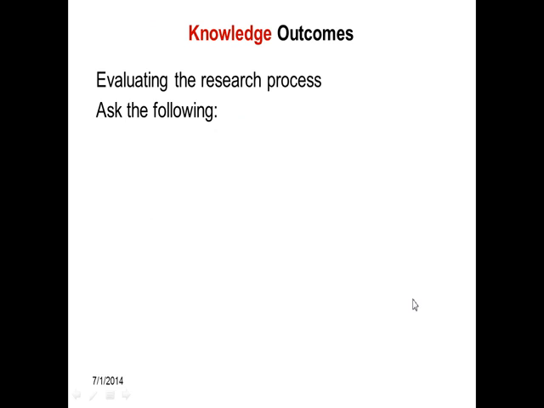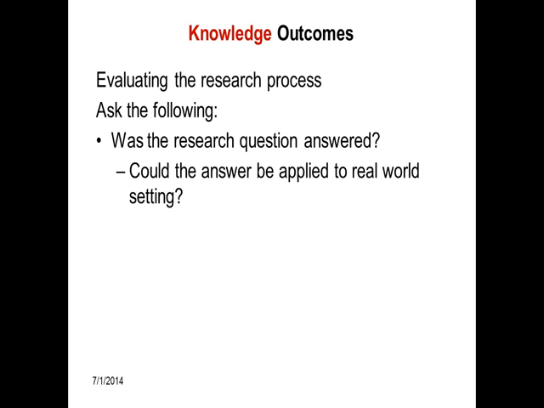And then last, the knowledge outcomes. This is where you evaluate both the sources, but also what we learned through this research process. You would ask, was my question answered or not? And if you didn't get all the answers that you needed, then you want to talk about why not. Can it be applied to a real world setting? Is it accurate and without bias?